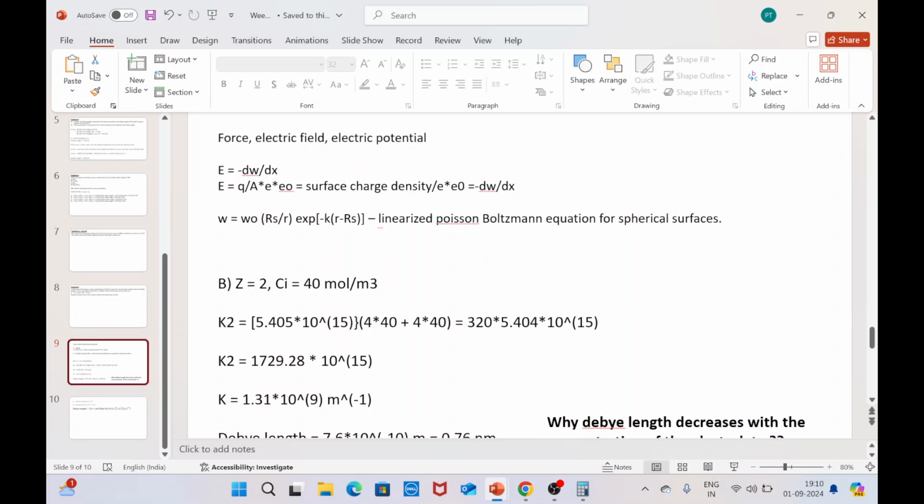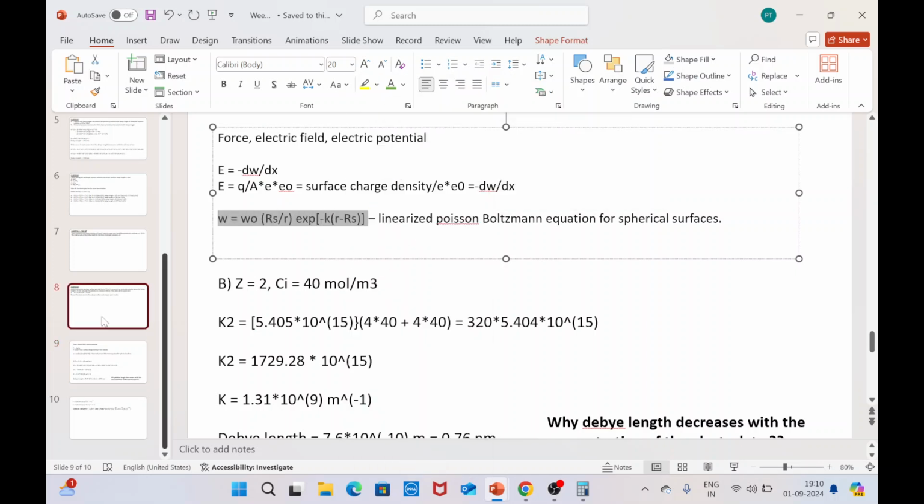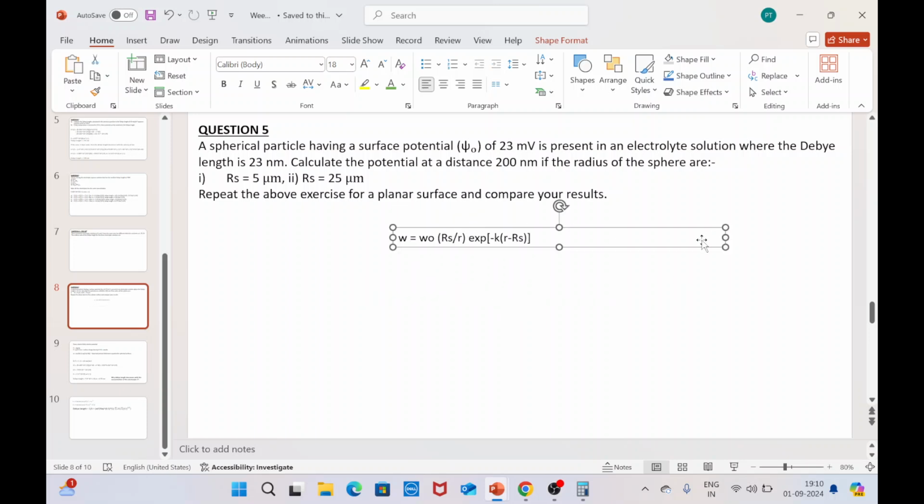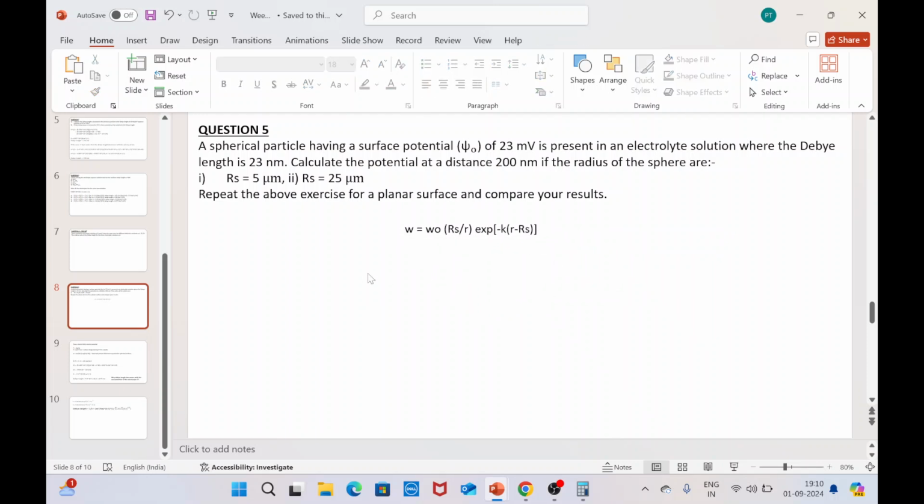So let's take the expression for spherical surfaces. This expression is valid because your surface potential is 23 millivolt.